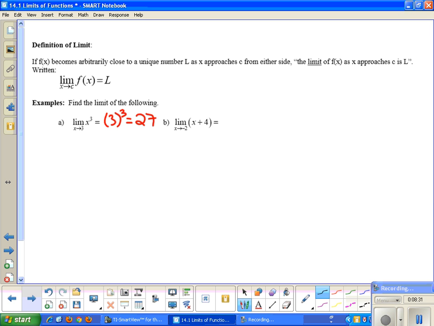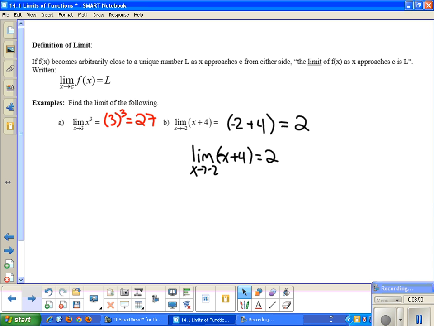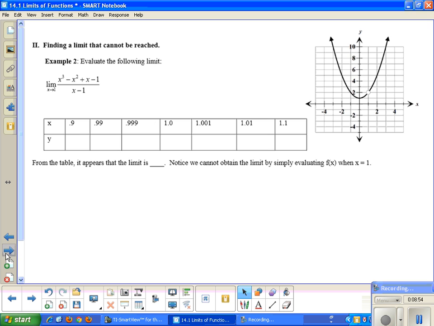Again, we can plug -2 in for x. When I do that, -2 plus 4 is 2. So the limit as x approaches -2 of x plus 4 is equal to 2. That's why these are called easy limits: the values we're approaching are within the domain.